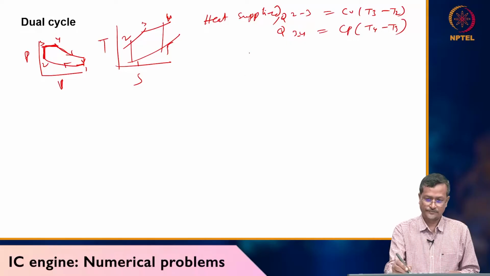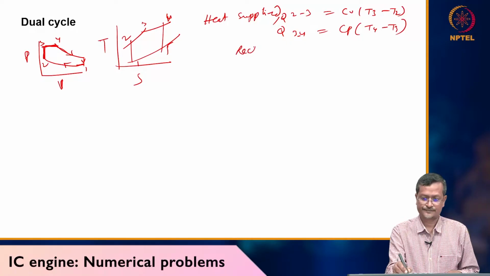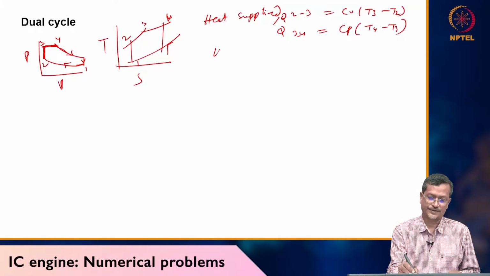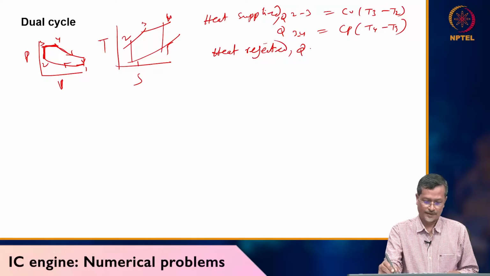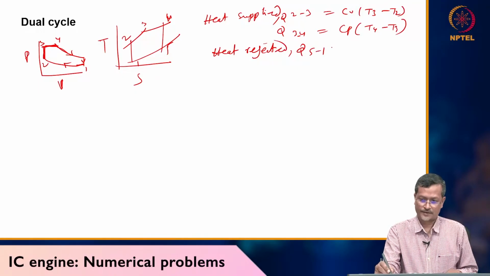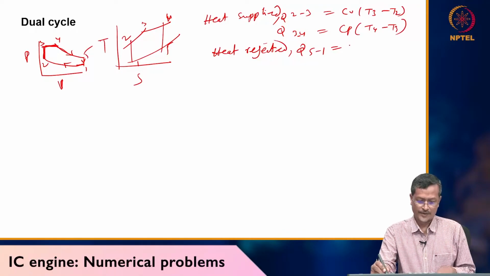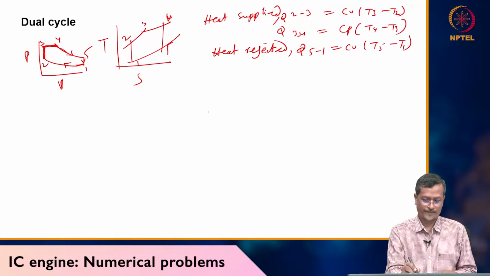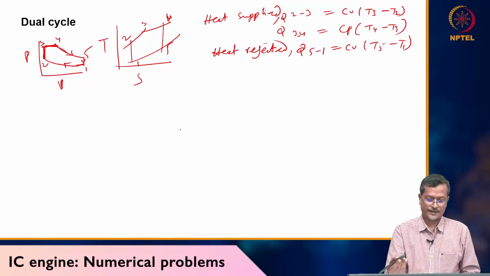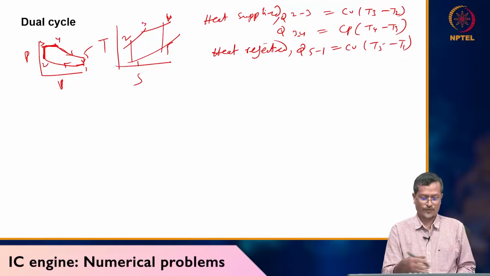Okay, heat rejected Q5-1 equals CV (T5 minus T1). Now eta is work done by heat supplied. So that formula we will use later.